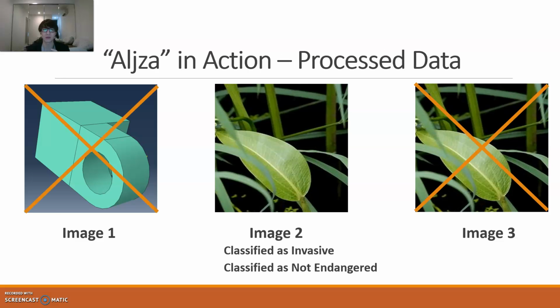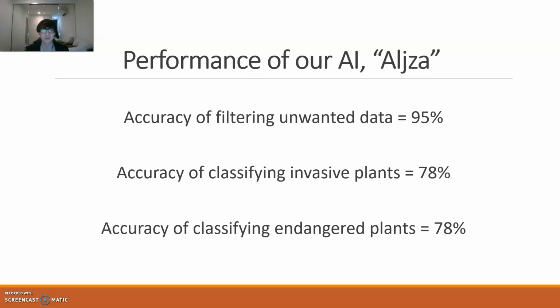ALZA would first remove the first image, then remove the third image, and the last one, ALZA would predict whether the image is invasive or not, and whether it's endangered or not. Because it's a plant, it is an invasive plant, and it's not an endangered plant. If I'm not mistaken, this plant is supposed to be an arrowhead, and an arrowhead is supposed to be an invasive plant. So I'm glad that ALZA predicted this one correctly.